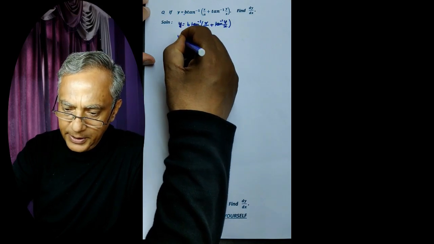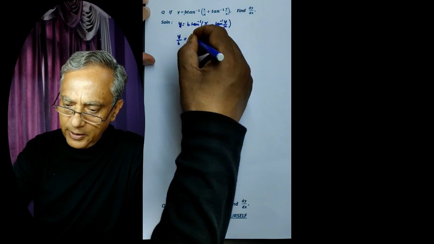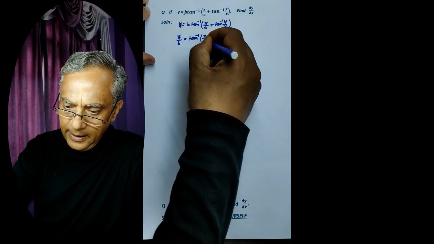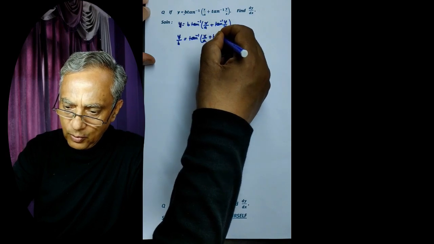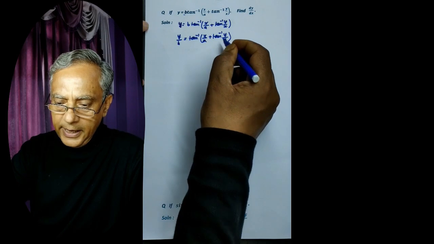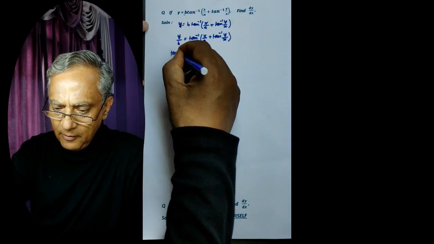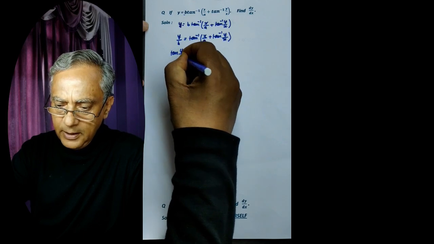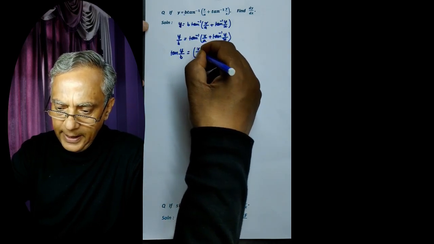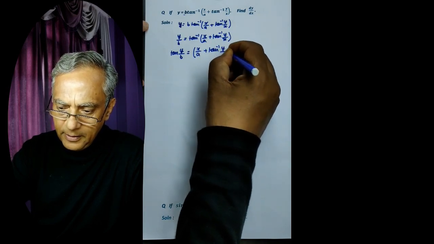Let y by b be equal to this, taking b to the other side. We will have this equal to tan inverse x by a plus tan inverse y by x. Take this tangent to the other side. We will have tangent y by b equal to x by a plus tan inverse y by x.